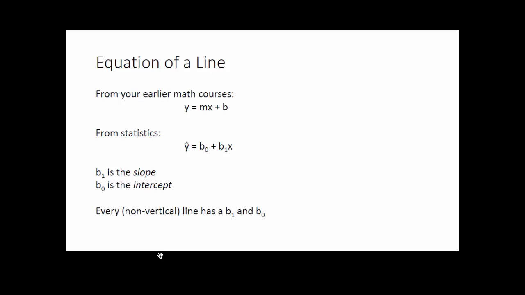So in high school algebra you learned y equals mx plus b, m being the slope and b being the intercept. But in statistics we take a slightly different tack, and there's a reason for that, but it's more advanced and comes in a later statistics class.